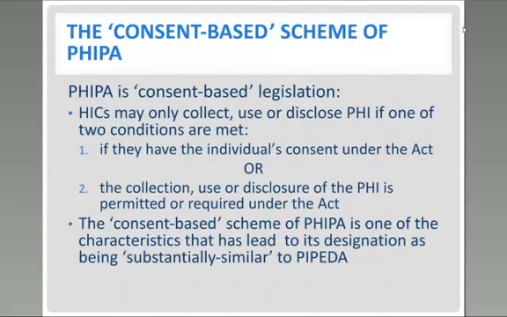And the rules say that these HICs, these health information custodians, may only collect, use, or disclose PHI if one of two conditions in the Act is satisfied. So these two conditions are: the individual's consent is obtained, or the activity dealing with the information is permitted or required under the Act.